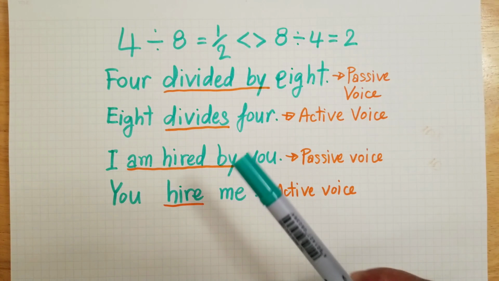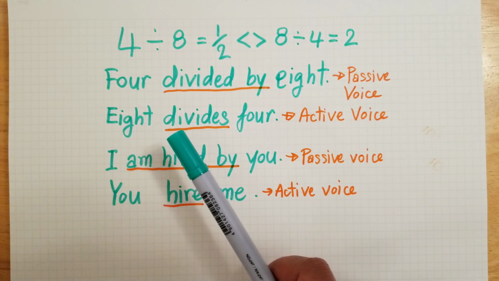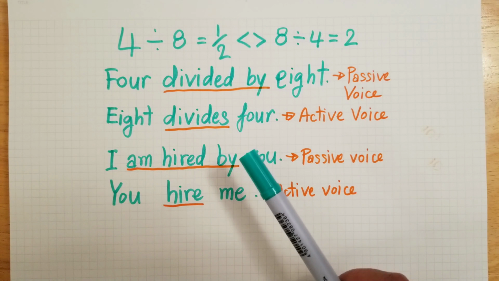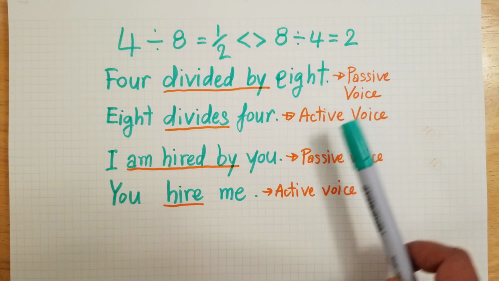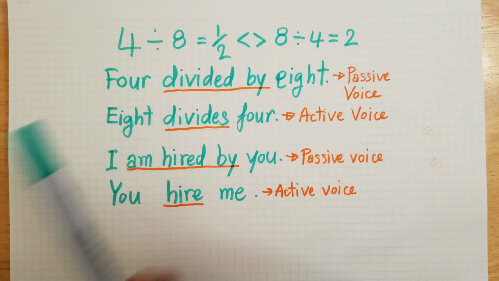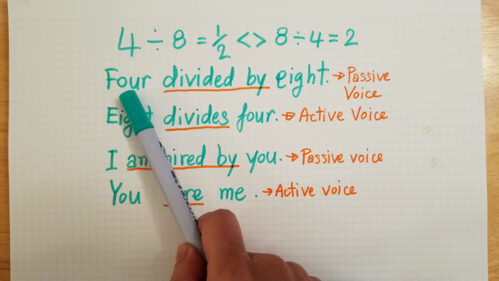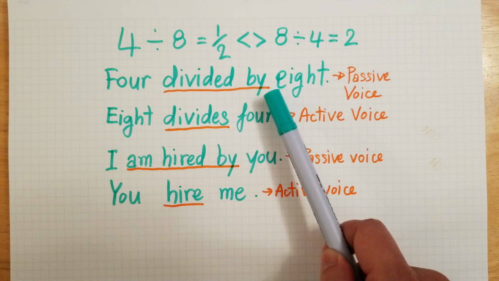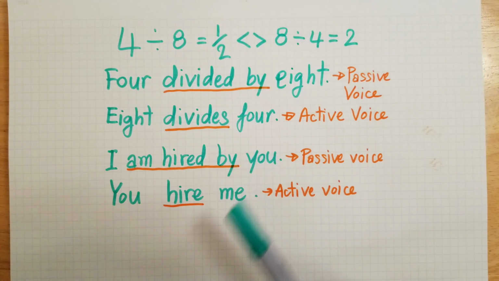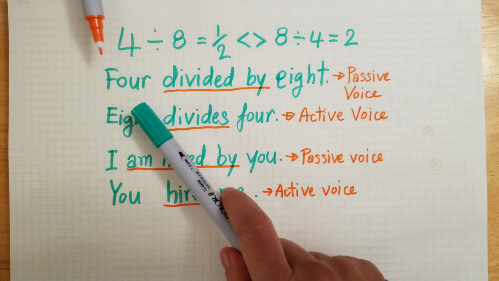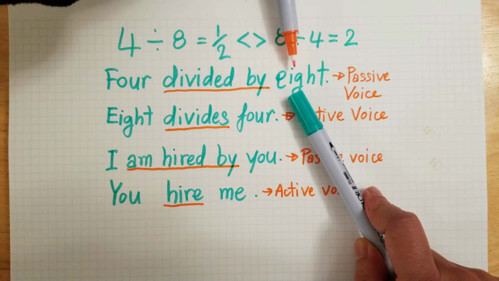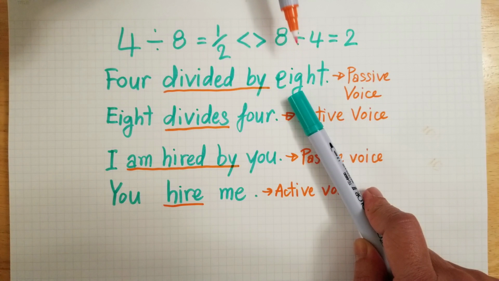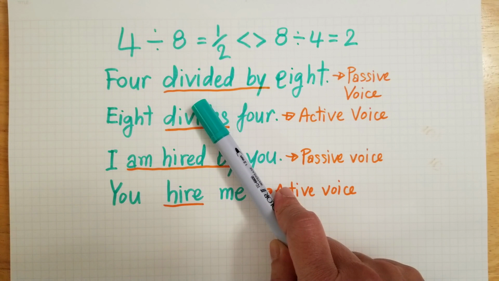Okay, I like the way that you say inverse, because in linguistics we have voices: passive voice and active voice. Passive is just like what you said, 4 is divided by 8. Because you're using passive voice, you've got the object at the beginning and the true subject at the very end, even though the verb always stays in the middle.